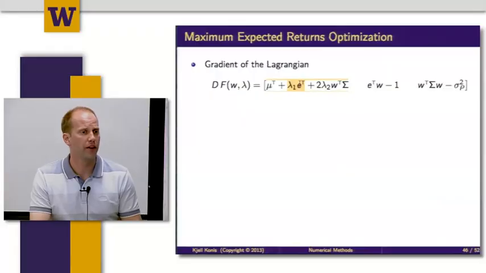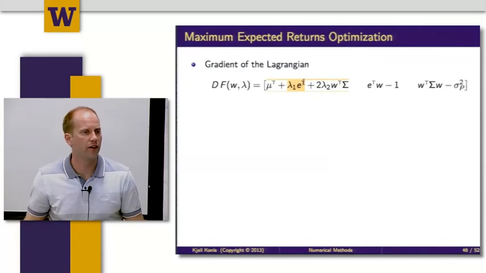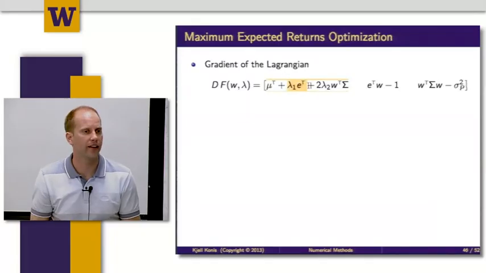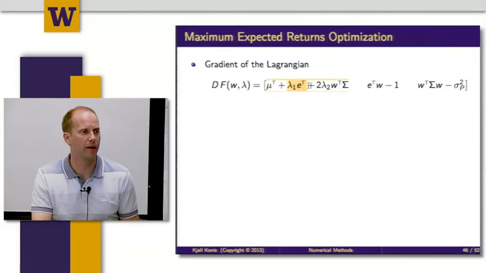E is a column vector of n ones, so E transpose will be a row vector of n ones. When I multiply that by lambda 1, this thing that I have highlighted here is a row vector that just contains the value lambda 1 n times in a row. Since this is a row vector with n elements, and this is a row vector with n elements, I can go ahead and add them.